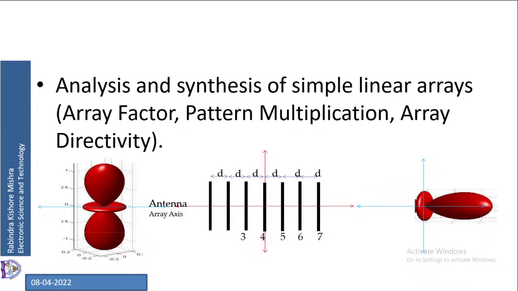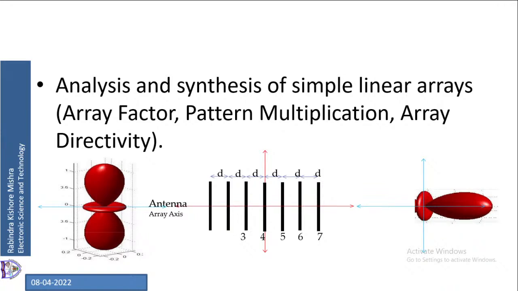Now on the two sides you can see two radiation patterns. On the left side, the maxima is perpendicular to the array axis. On the right side, the maxima is along the array axis. When the maxima is along the array axis, we call this an end fire array.